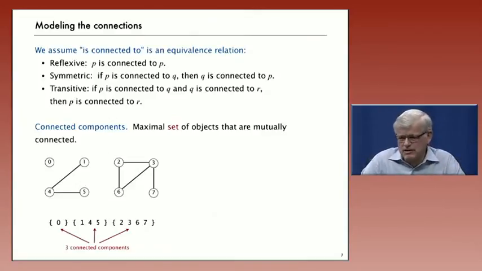And these components have the property that if any 2 objects in them are connected, and there's no object outside that's connected to those objects. Our algorithms will gain efficiency by maintaining connected components and using that knowledge to efficiently answer the query that they're presented with.